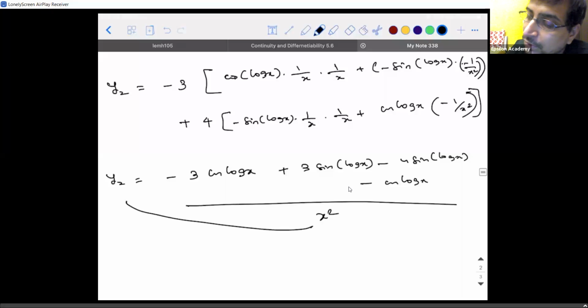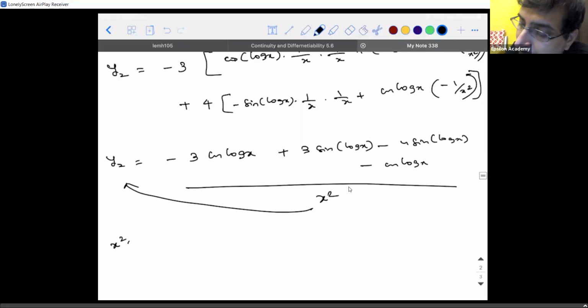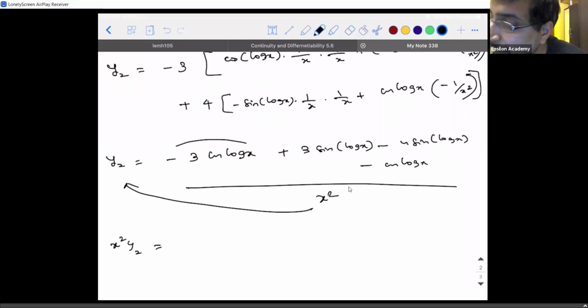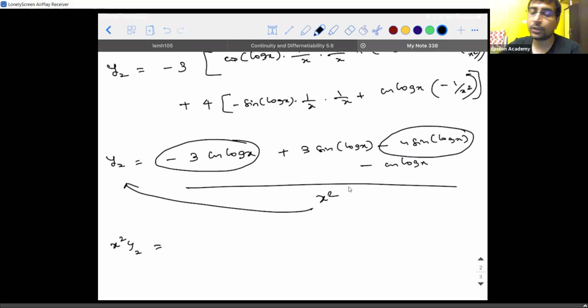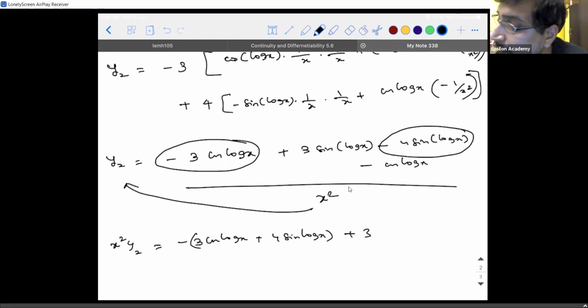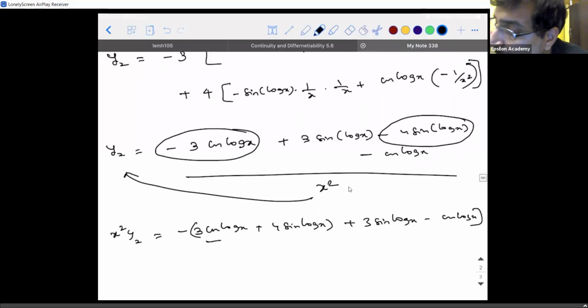So I can take this x square to the other side so that it becomes x square y2 is equal to, see, minus of 3 cos log x minus 4 plus 4 sin log x, which is how much? Minus of 3 cos log x plus 4 sin log x, plus 3 sin log x minus cos log x.